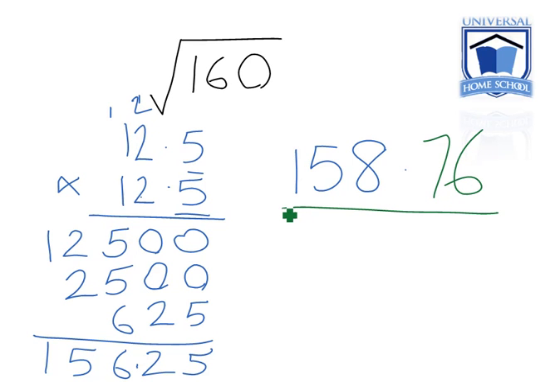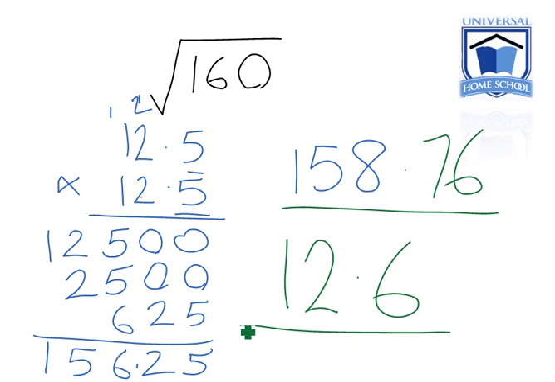So that's the closest if we want to deal with more digits, more decimal places. But I have to say 12.6 is probably the closest we're going to get. We're not going to have a whole number unless you want to round it up. So really, 12.6 would be the closest we're going to get as a square root of 160.